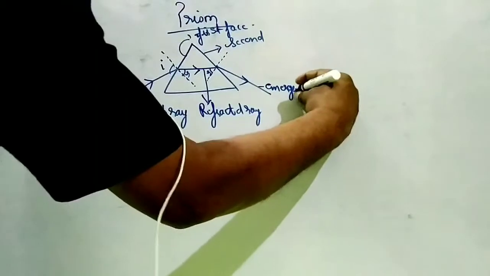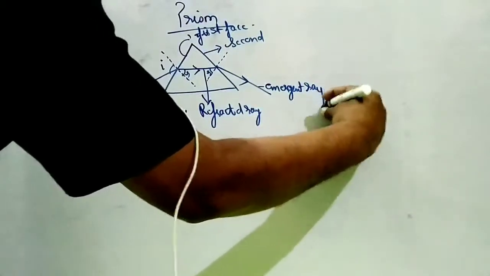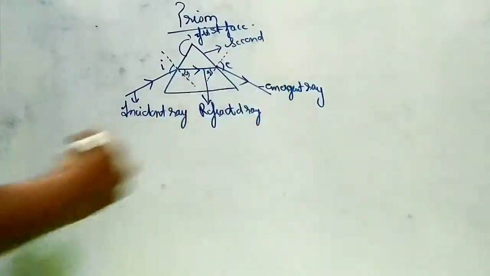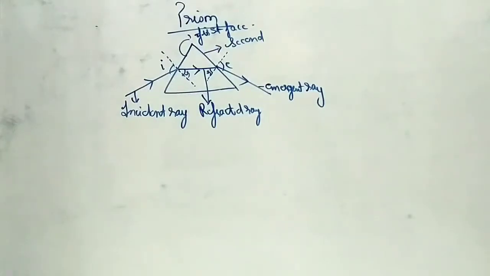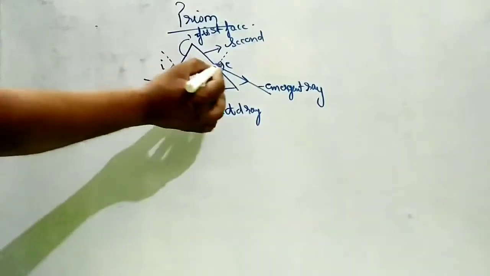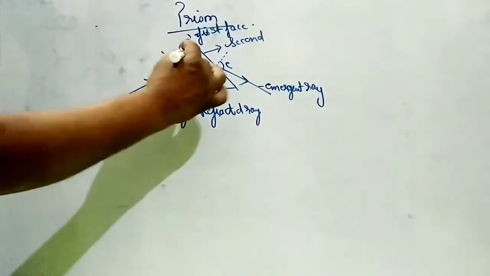This ray is called the emergent ray. The emergent ray is always denoted by E. Is this clear? This is called angle of emergence, angle of refraction, angle of incidence.